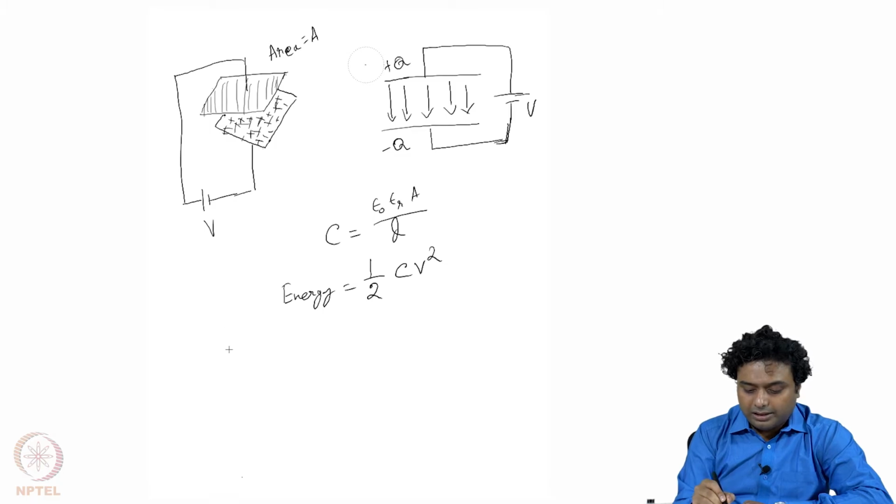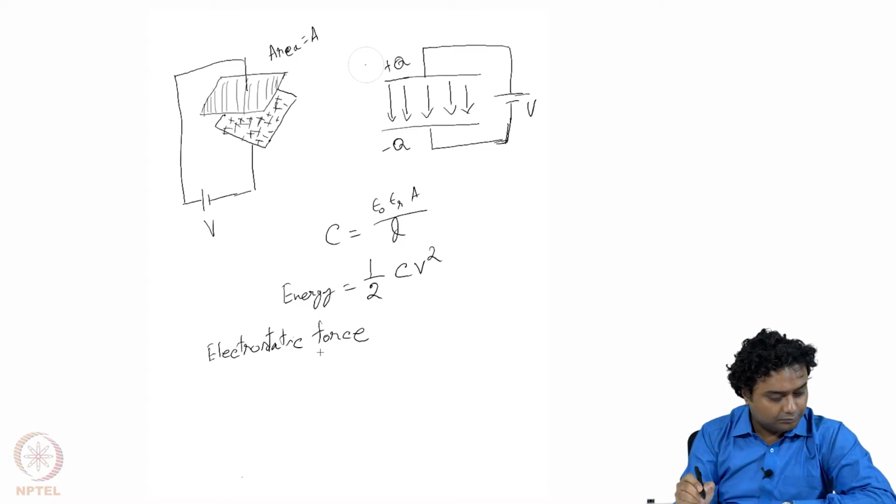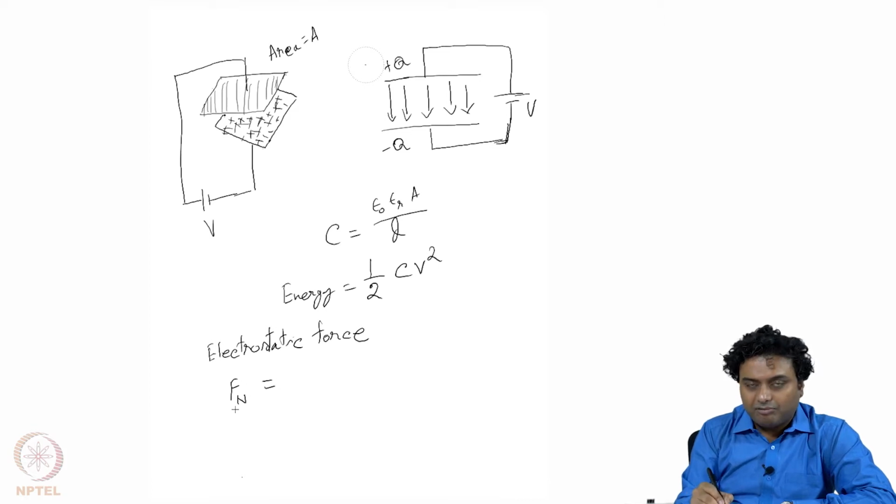So the electrostatic force between these two plates will be F normal, that means the normal force, this electric force, okay, this is the electric field direction, and also, let us say, this is the electric force direction also, okay.